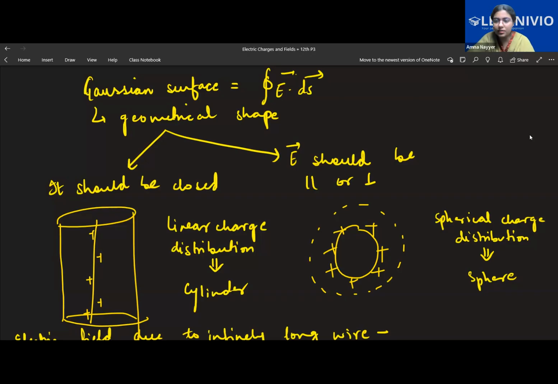Class, this is actually applicable and used a lot, especially the surface charge density sigma, and lambda. Rho, the volume one, is used less in your CBSE board exam. In your entrances, NEET and JEE, rho is also used. That's why it is important, so I'll share an assignment based on that. Even if you find it difficult, just attempt it, whatever you know. Don't take the help of Google or anything.